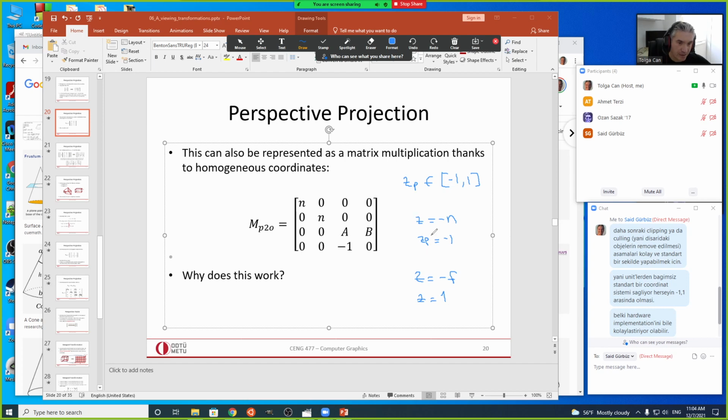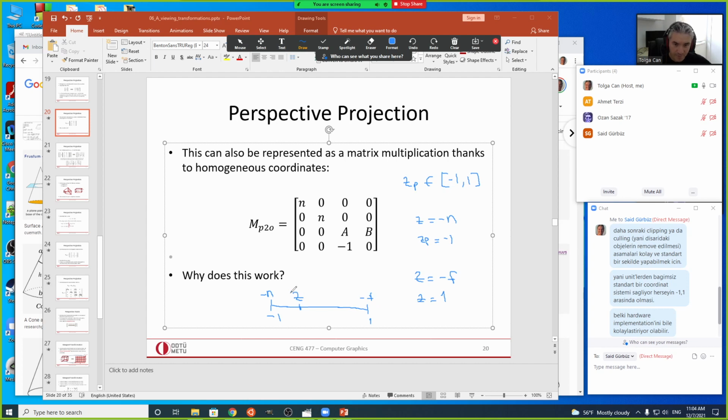So we want this transformation for the z coordinate, just like we did for orthographic projection, a linear scaling, something between -1 and 1. This is z coordinate -n, and this is z coordinate -f.